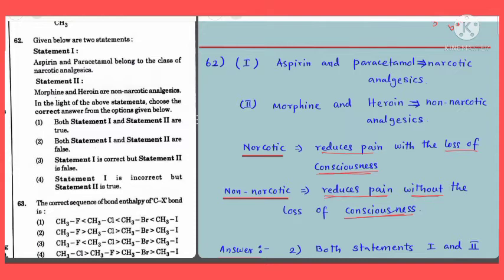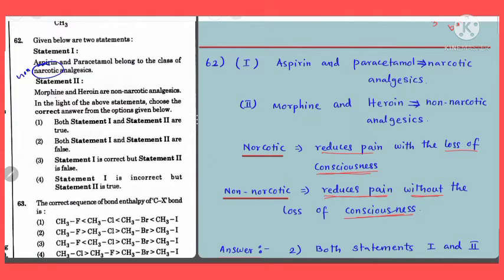Now here it is given that aspirin and paracetamol are narcotic analgesics, which means these two are causing loss of consciousness. But actually aspirin and paracetamol do not affect the consciousness, so they are non-narcotic analgesics. So statement 1 is wrong.